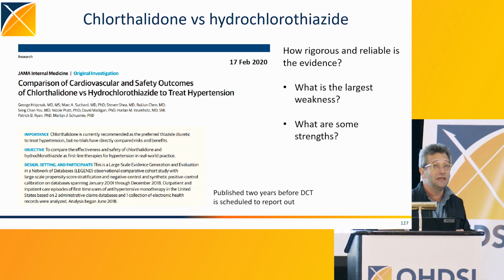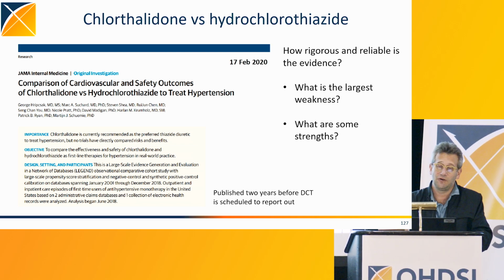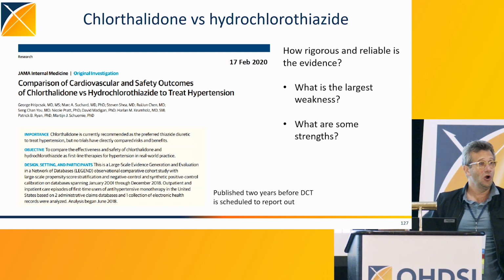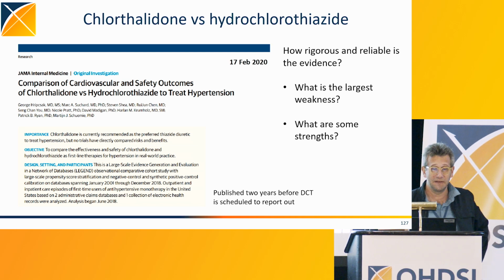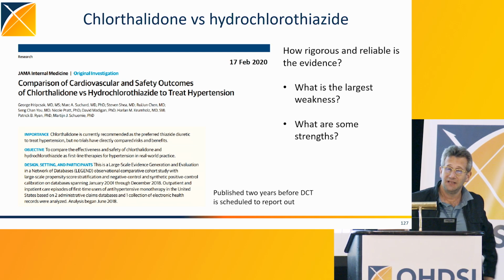And in looking through this observational study, some things that we need to do in terms of demonstrating the reliability of the evidence is asking, if you read through it, do you believe it's rigorous and is it reliable? So some of the things that you might want to initially look for or report out if you're writing these things are what are some of the strengths that you're coming in with, and what are some of the largest weaknesses?